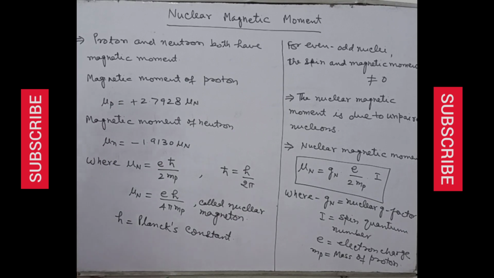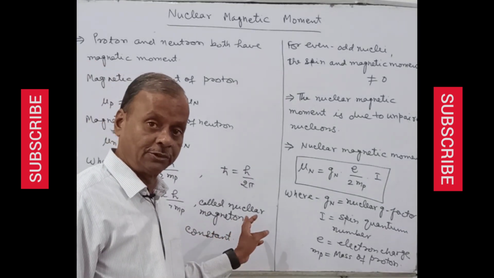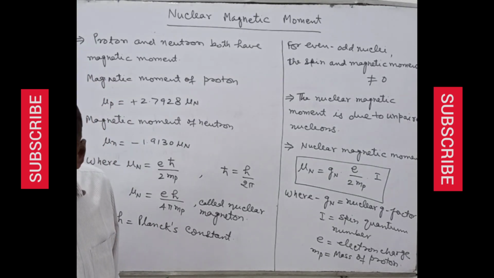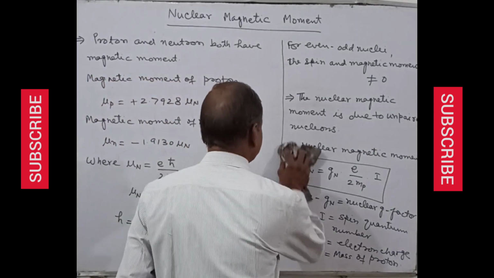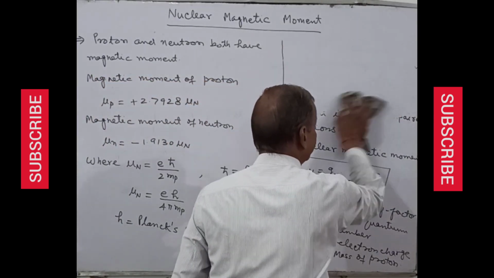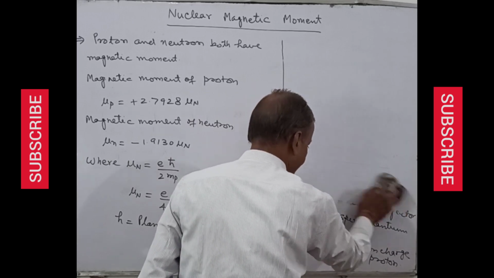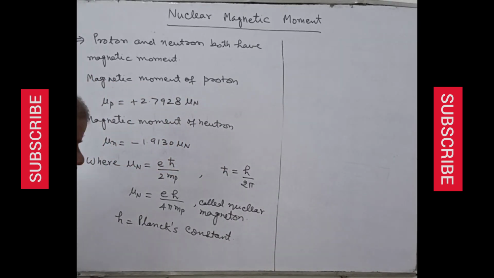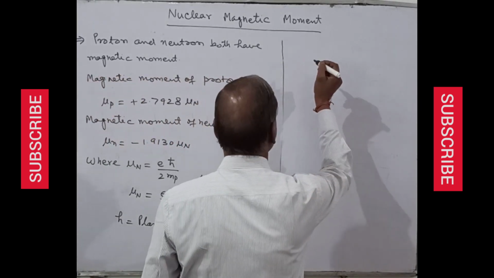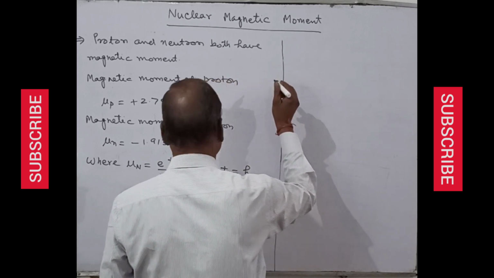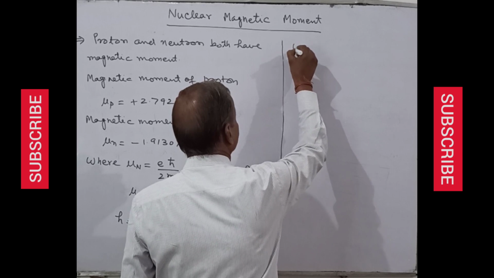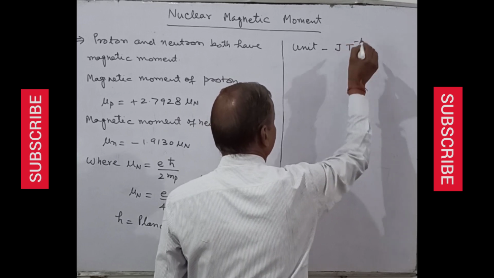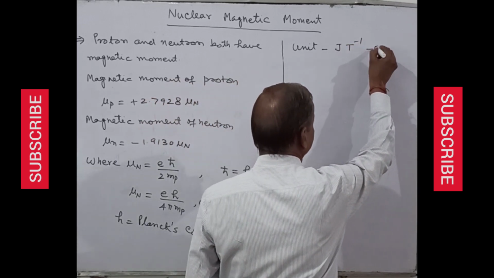It has the units of joule per Tesla. This is the SI unit.